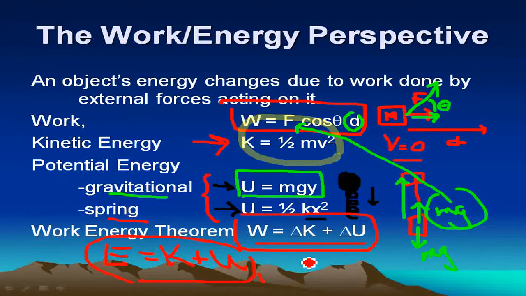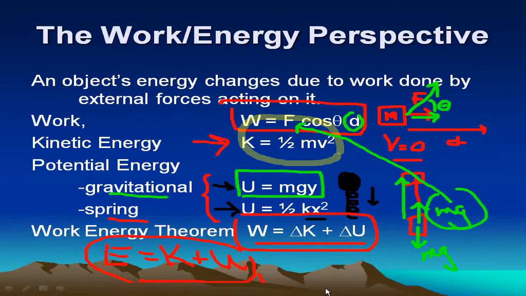If object A hits object B, there's nothing outside of that acting. It's just internal, one acting on the other. So every collision must conserve momentum, because in the equation force equals delta P over delta T, there is no force. The change in momentum over time is equal to 0, and so momentum is conserved. So we'll look at a problem in Chapter 6 as we move forward here.